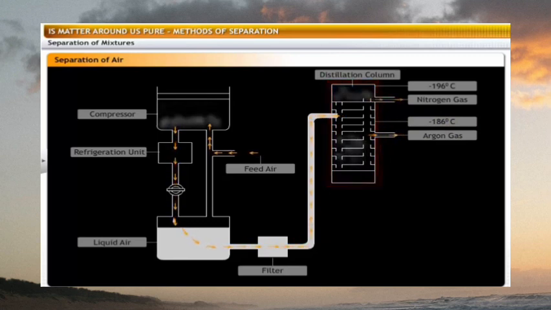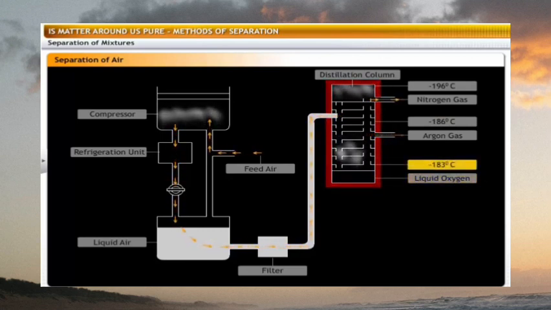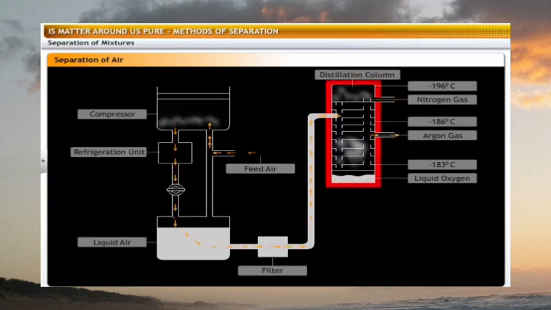It collects as argon gas in the central part of the fractional distillation column. Liquid oxygen has the highest boiling point of -183 degrees centigrade. It boils last. It collects as oxygen gas at the base of the fractional distillation column.